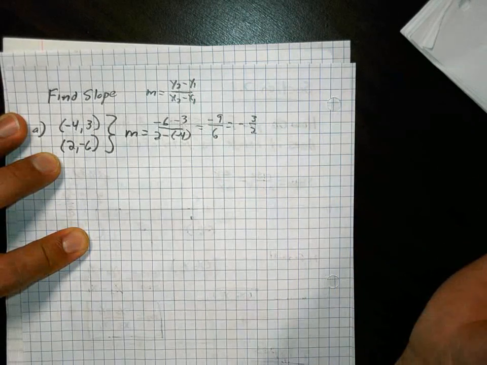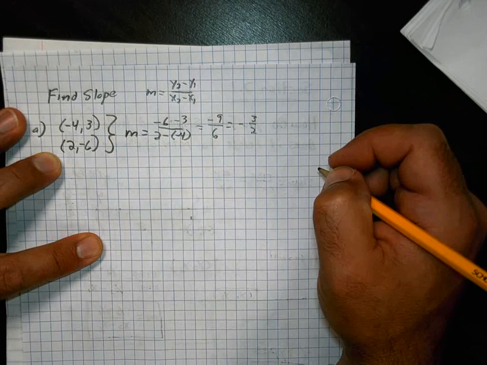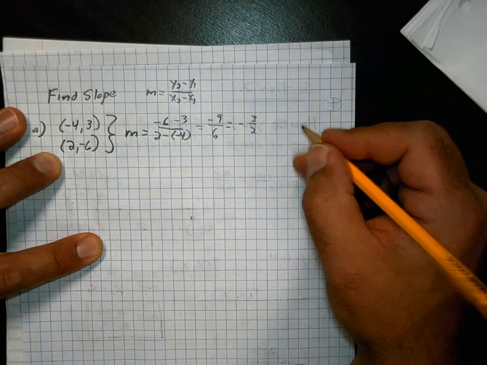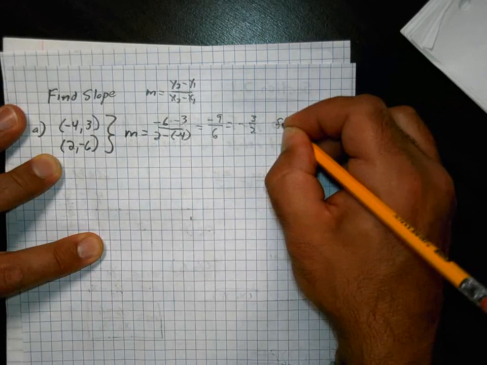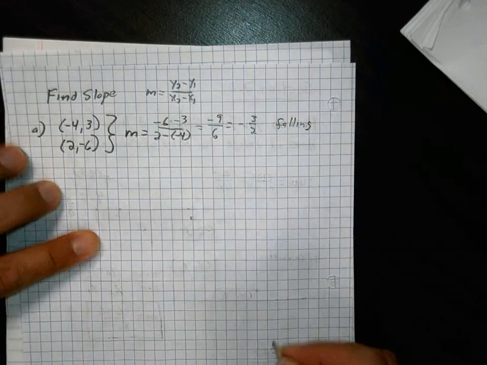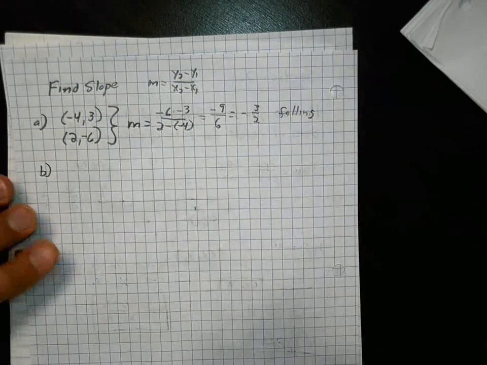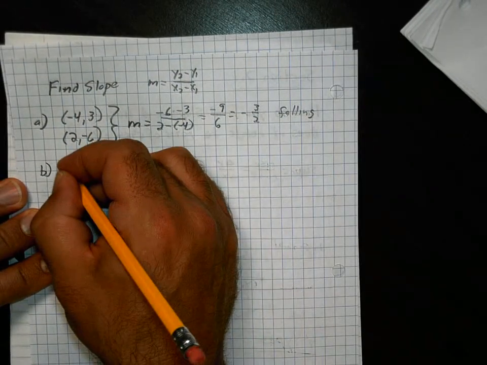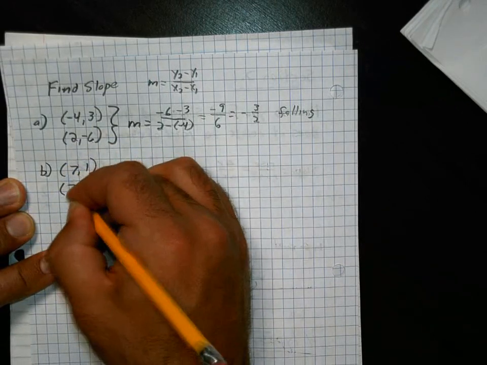And is that graph rising, falling, flat, or vertical? And of course it's a negative slope, so it's falling. Let's look at another one. 7, 1 and 7, negative 1.